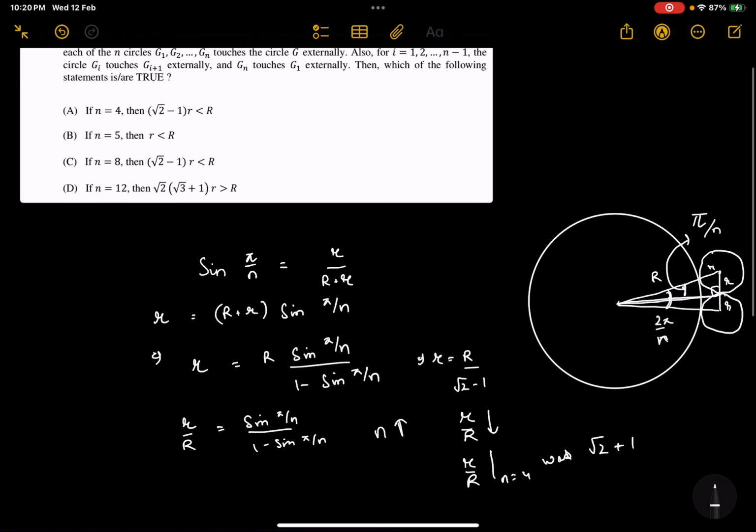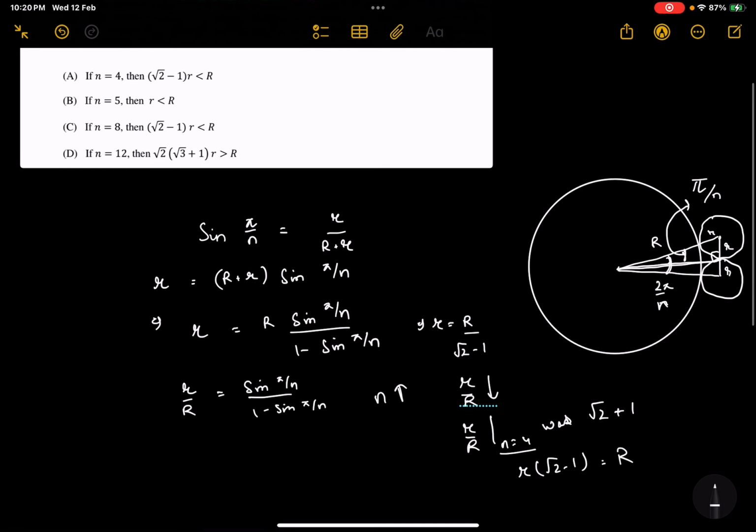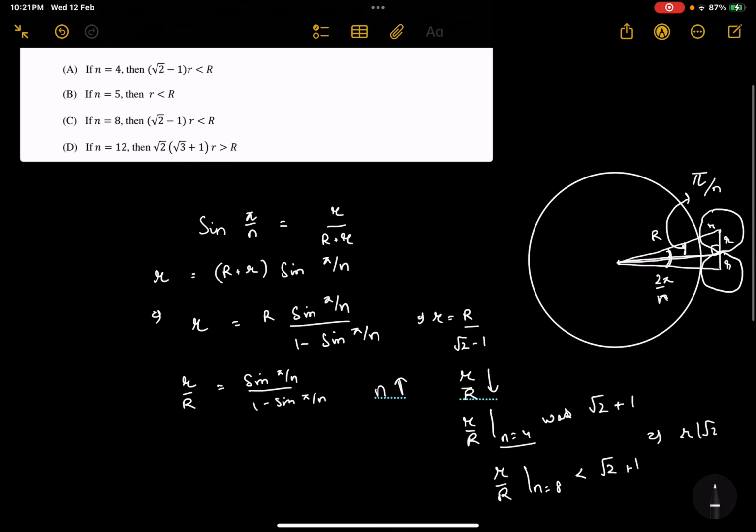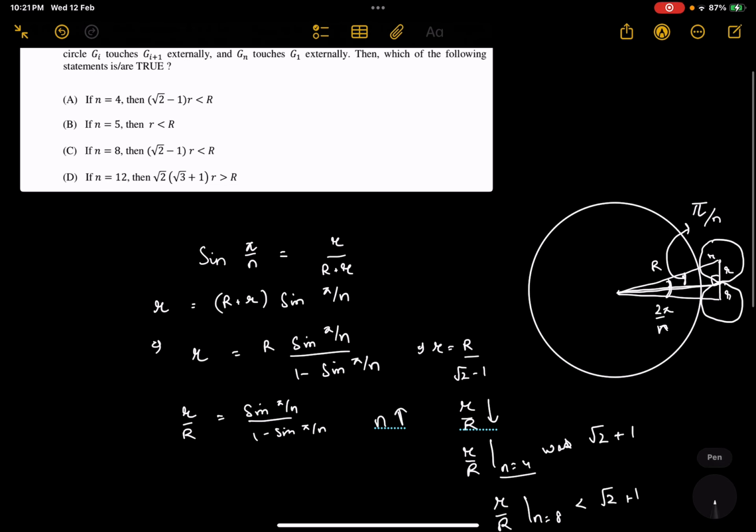Okay, so that is, r times root 2 minus 1 was R at n equals 4, after which r by R decreased. That means r times root 2 minus 1 decreased. Or what it means is that r upon R at n equals 8 was less than root 2 plus 1, which means r times root 2 minus 1 is less than R at n equals 8. So C option is correct.